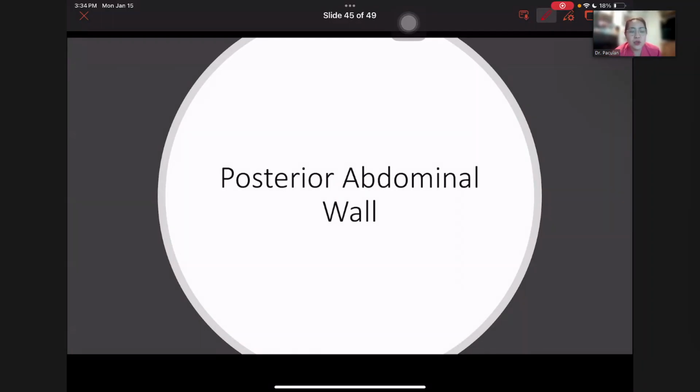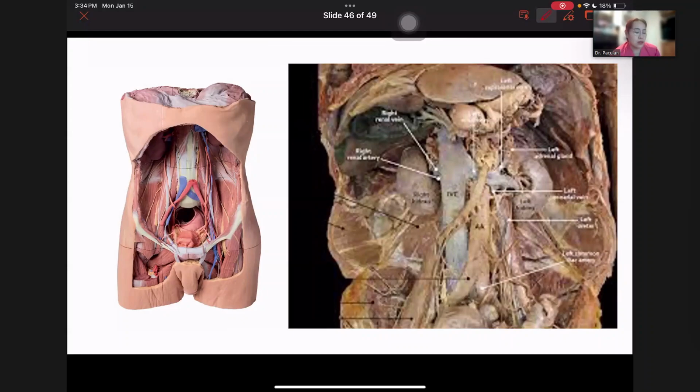Okay, now let's go to the posterior abdominal wall. Your posterior abdominal wall is covered with a continuous layer of endo-abdominal fascia that lies between your parietal peritoneum and the muscles. It is continuous with your transversalis fascia that lines the transversus abdominis muscle. The fascia is usually named according to the structure that it covers.